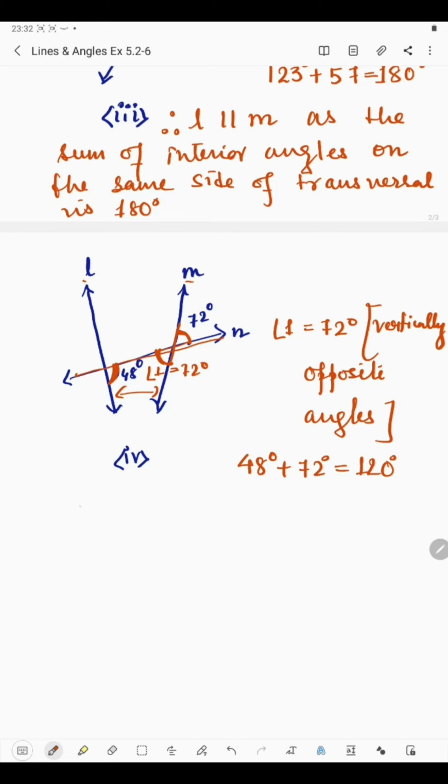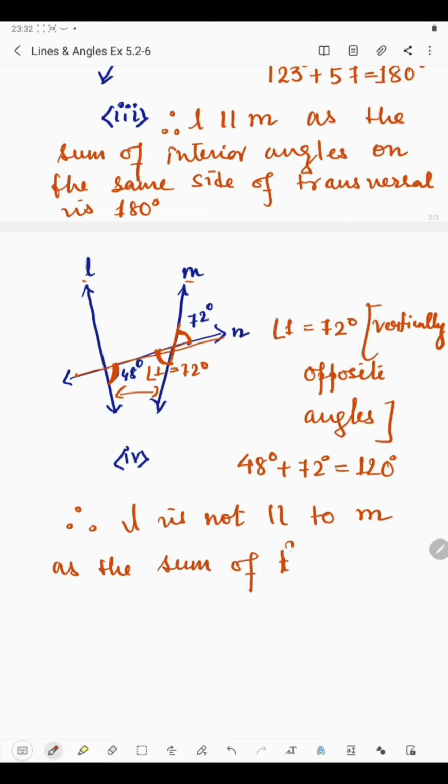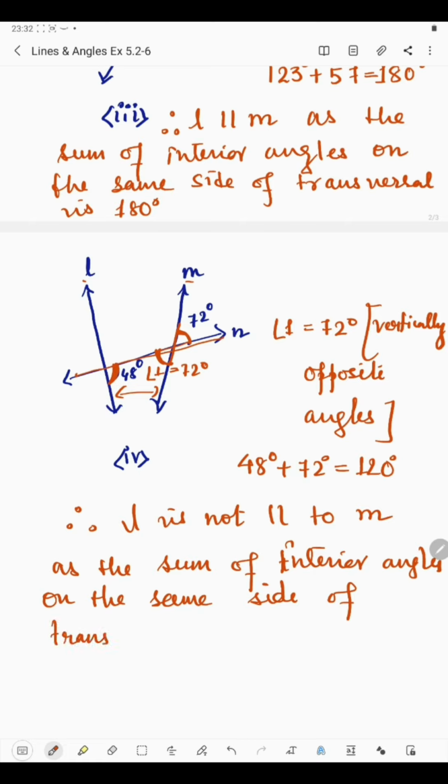So we can write L is not parallel to M as the sum of interior angles on the same side of the transversal is not 180 degrees.